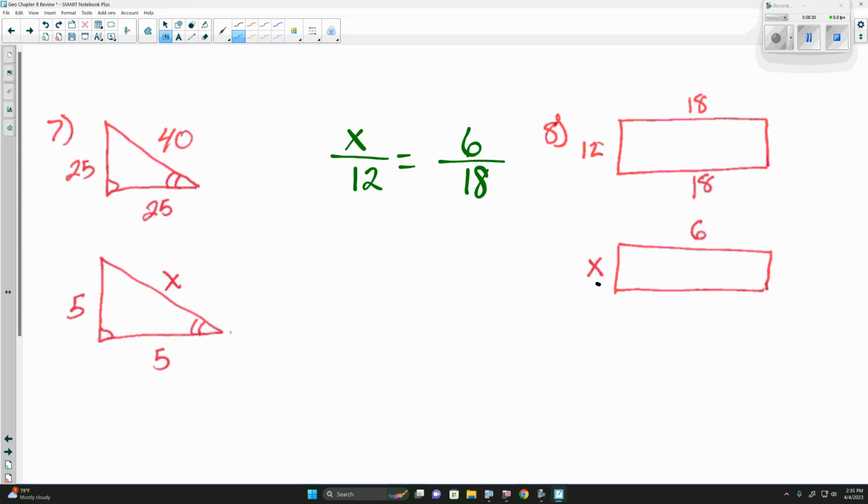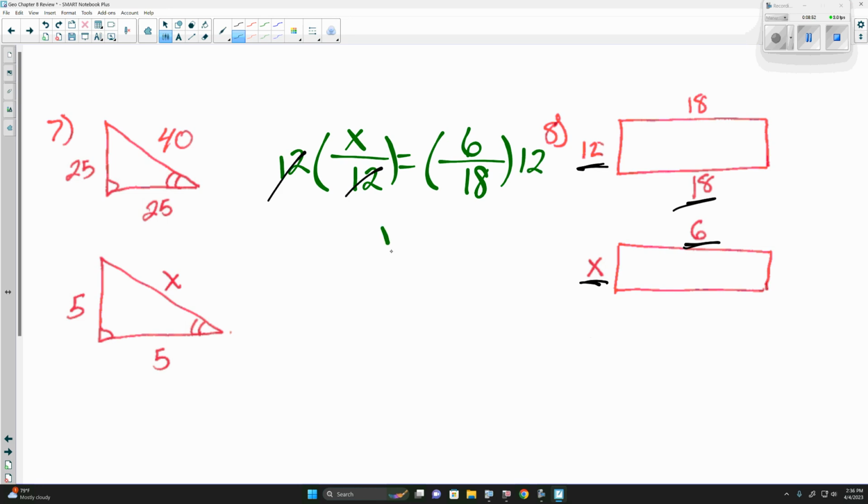Since x was on top, the side with it has to go on top. Then, since 12 is on bottom, 18 is on bottom. The proportions have to be the same. And at this point, we would multiply both sides by 12.